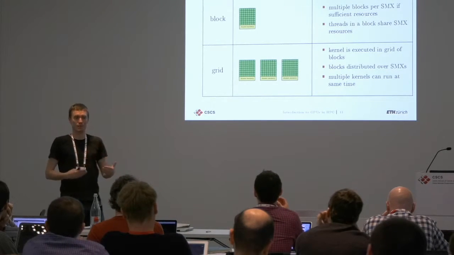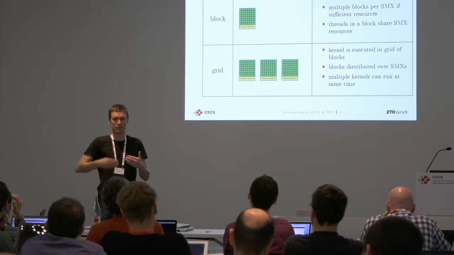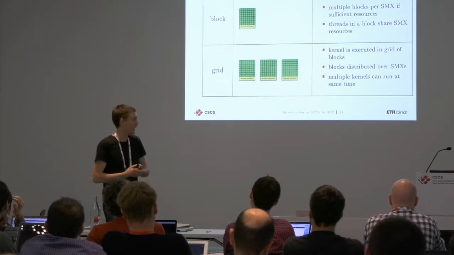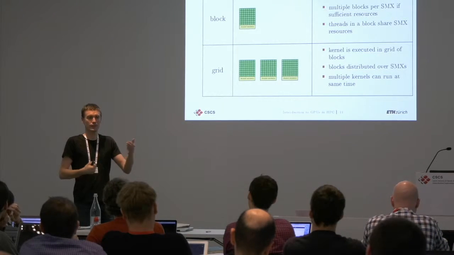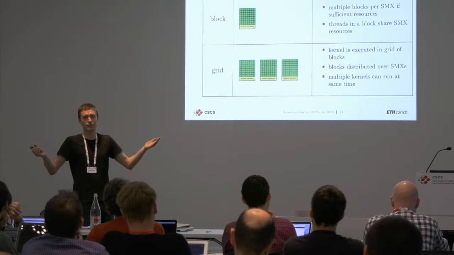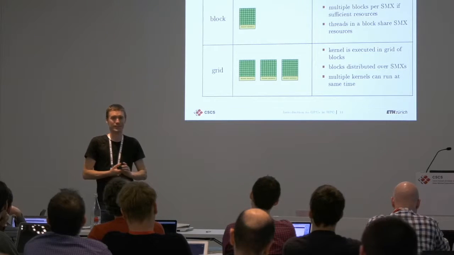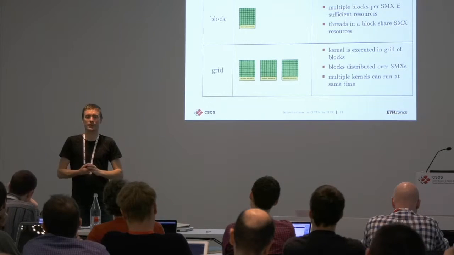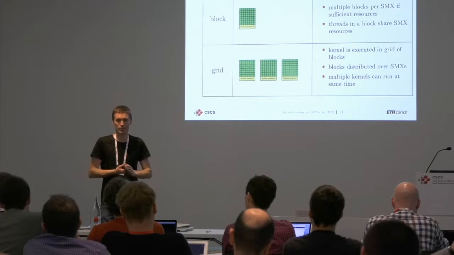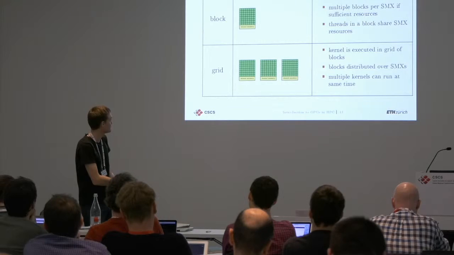But we need that because we need to have multiple threads that we can schedule so that they can do this latency hiding. And what's the ideal number of threads to put in a thread block? I've actually got a slide about that. Well, that depends on the nature of the computation you're doing, and I think Peter Messmer tomorrow is going to go into a lot more detail about how to make that decision.